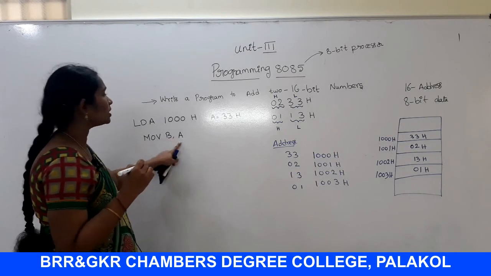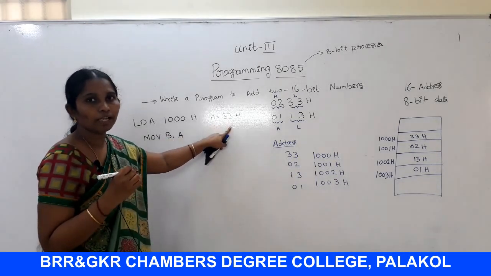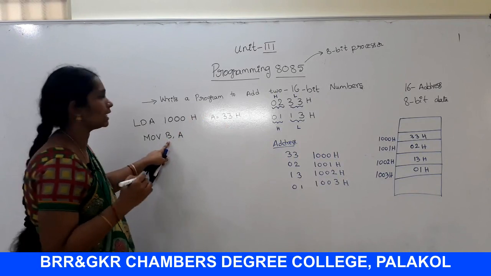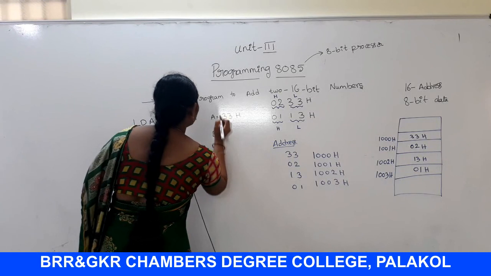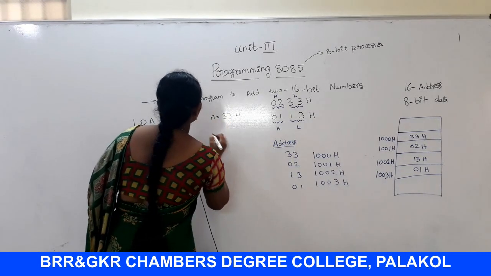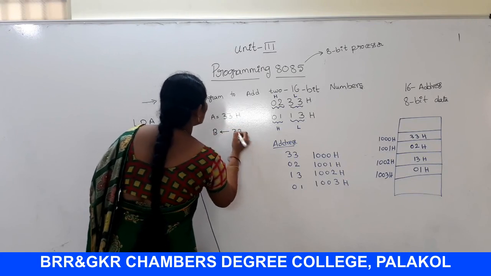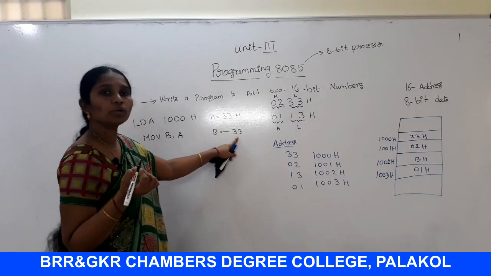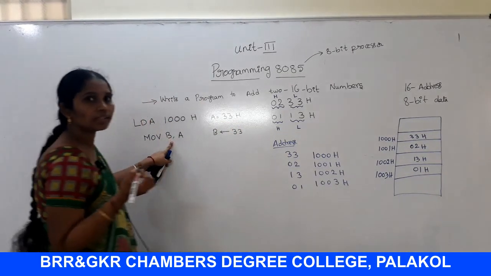The meaning of this instruction is, whatever the contents are in the accumulator, those contents are moved to the B register. So B is equal to 33. After execution of this instruction, B is 33. Okay, so the first process is completed.